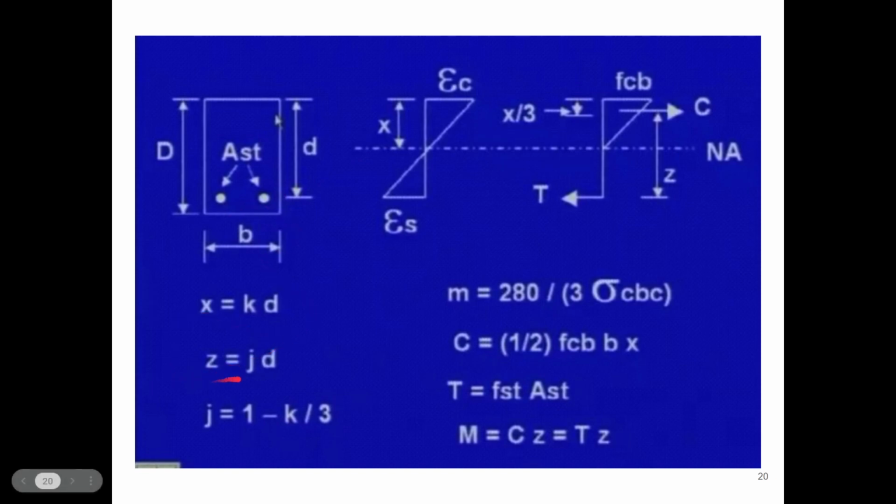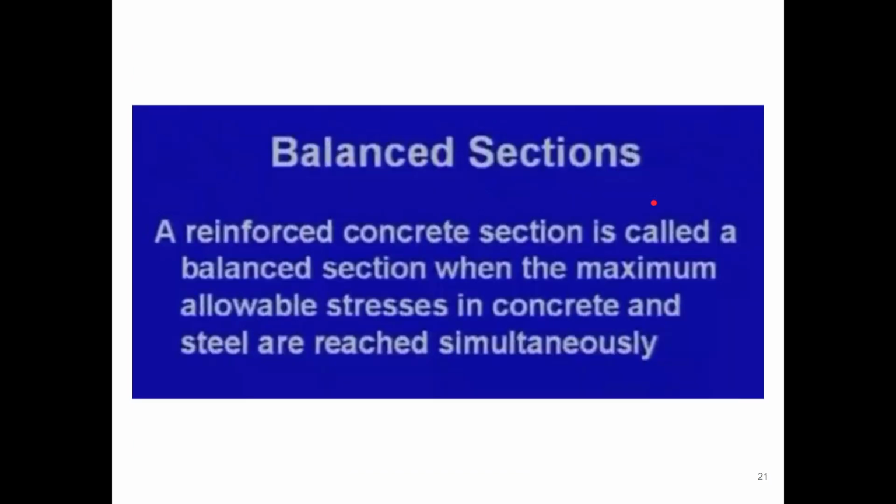So x equals kd, z equals jd, j equals 1 minus k by 3, m equals 280 by 3 sigma cbc, C equals half into fcb into bx, and T equals fst into Ast. M is equal to Cz, and Cz equals Tz. These are the equations and derivations which we just discussed.